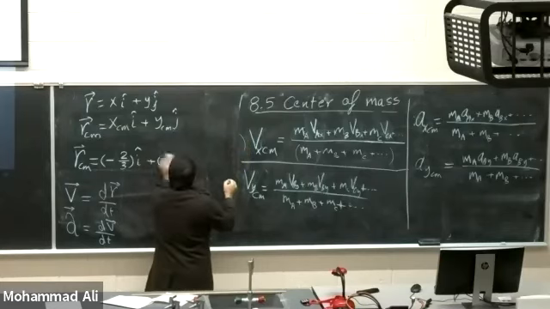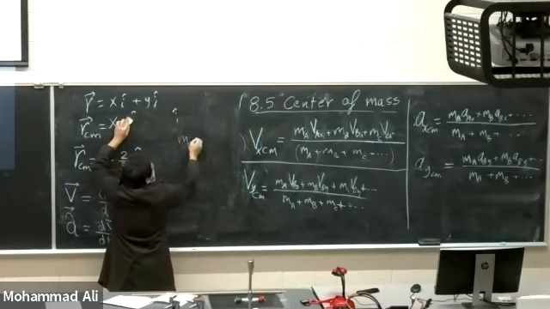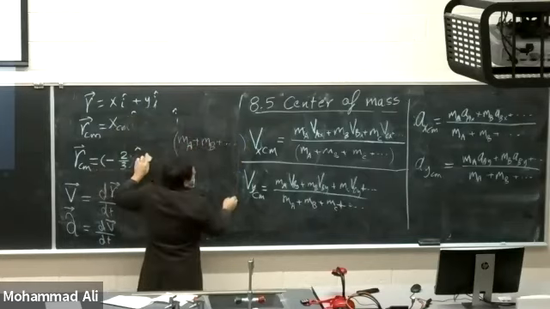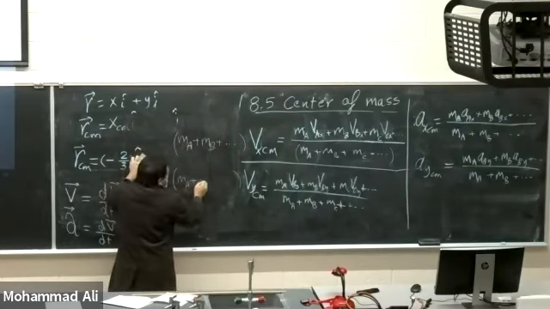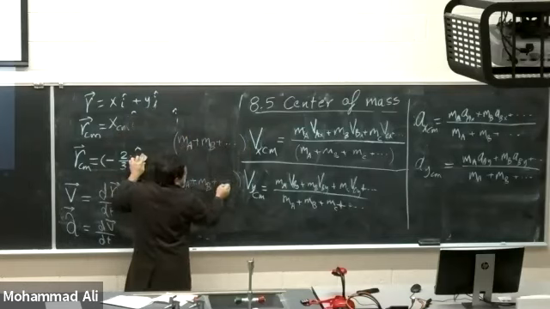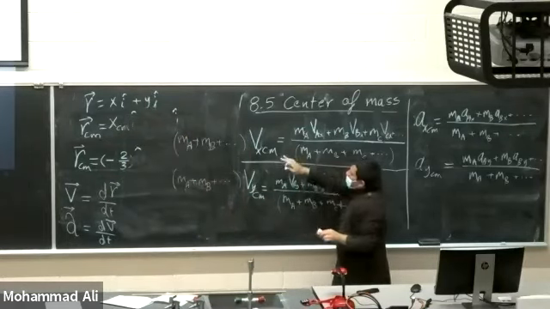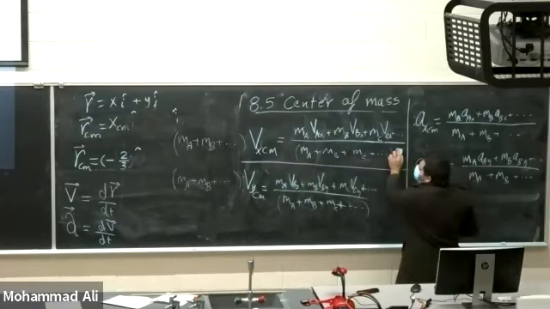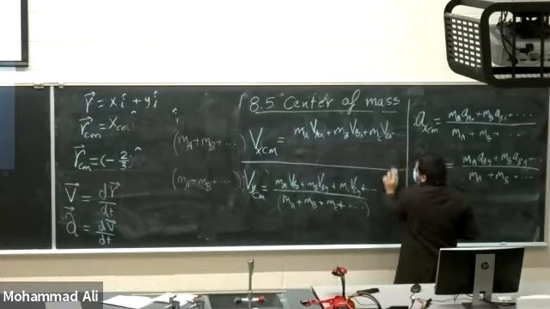This is MA plus MB plus so on. And also the same here, MA plus MB and so on. I just multiply both sides by the total mass, which is the denominator here, and I will remove it from here. Can I do that?